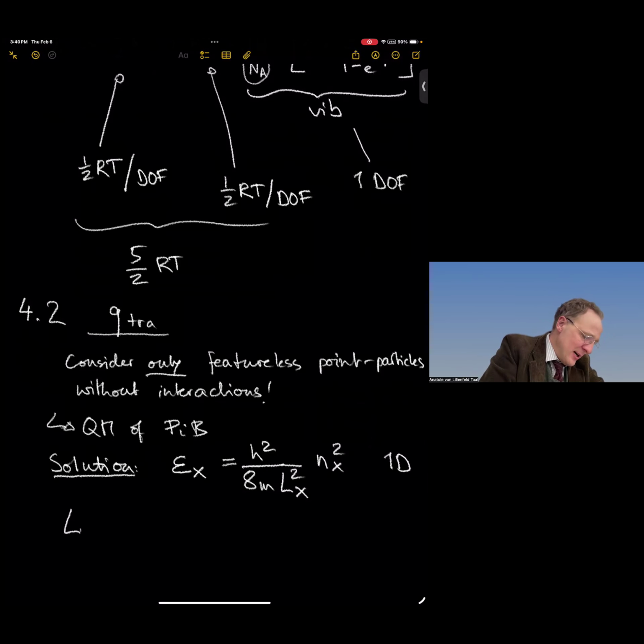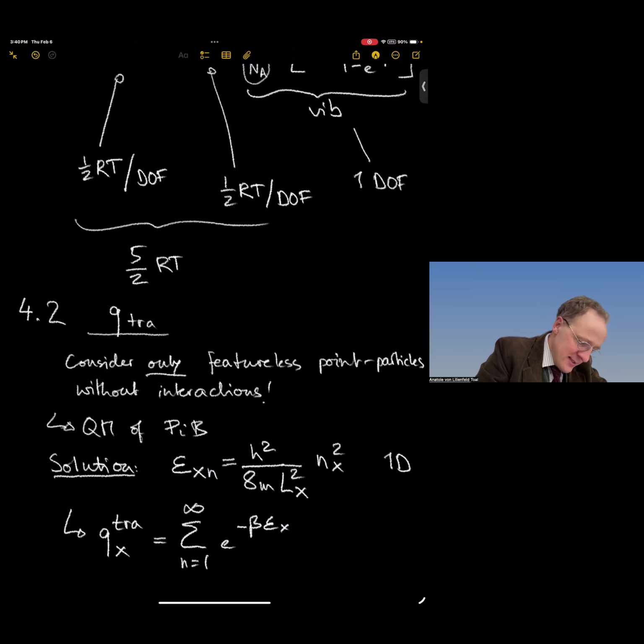Right? So this means our partition function for this x dimension is, just as Boltzmann told us, the sum over, and for the particle in the box, we start at 1, e to the minus beta epsilon x. And I have to absolutely specify the state.